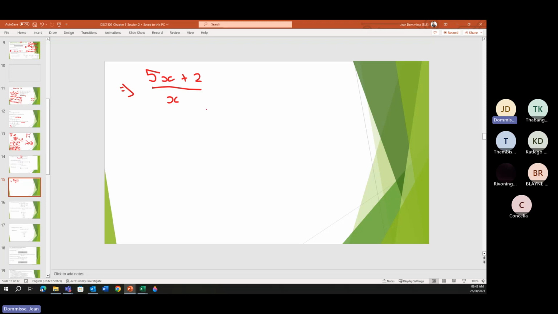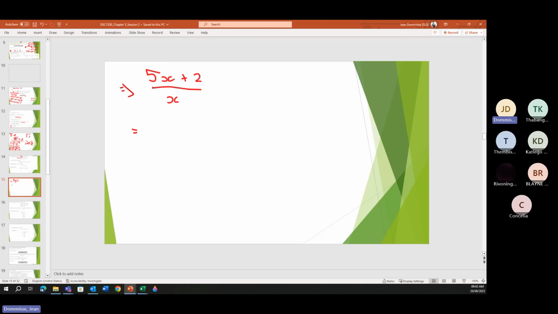They tell us to differentiate 5x plus 2 over x. If it was something that could have easily cancelled, then it would be something different. But with this one, there's nothing really that we cancel out, but we can write it in a simpler format.